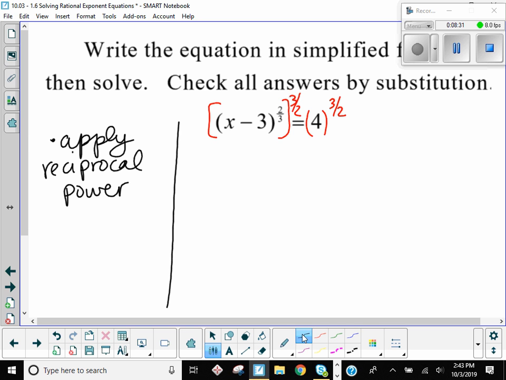So what do you think that will leave me on the left-hand side? X minus 3, because the powers are canceling out. And on the right-hand side, I have 4 to the 3/2.